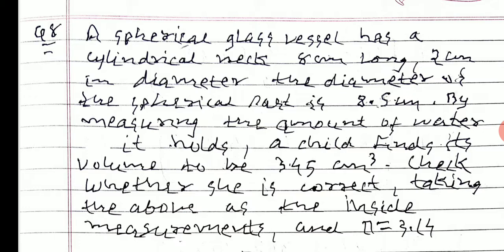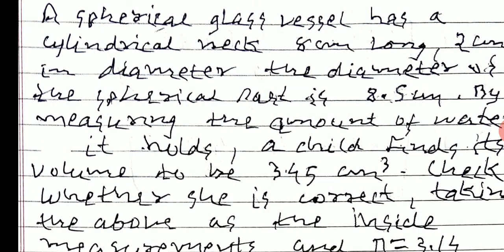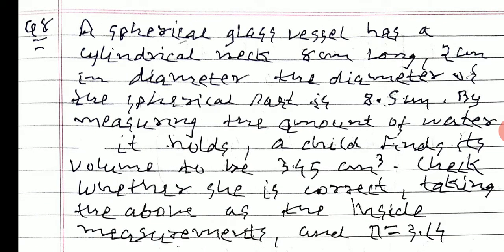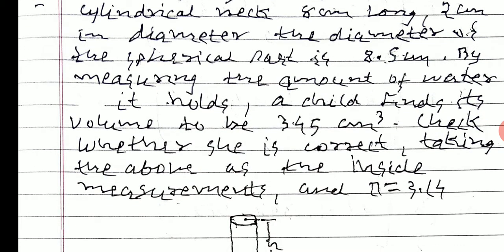Now question number 8. A spherical glass vessel has a cylindrical neck 8 cm long, 2 cm in diameter. The diameter of the spherical part is 8.5 cm. By measuring the amount of water it holds, a child finds its volume to be 345 cm cube. Check whether she is correct, taking the above as the inside measurement and pi 3.14.